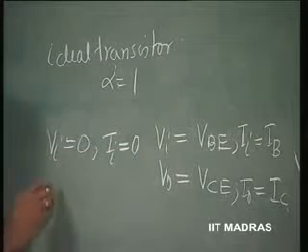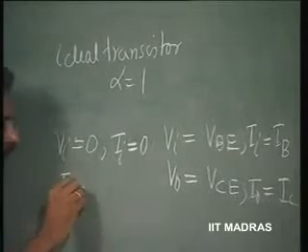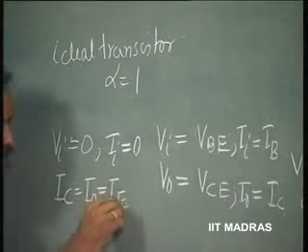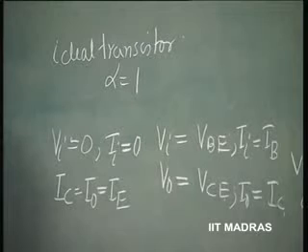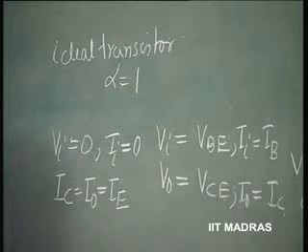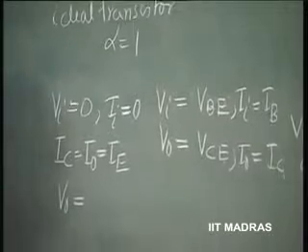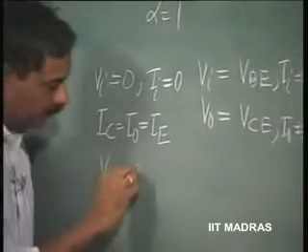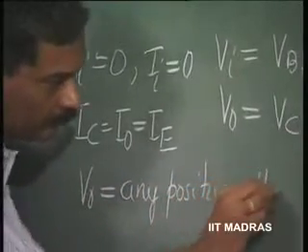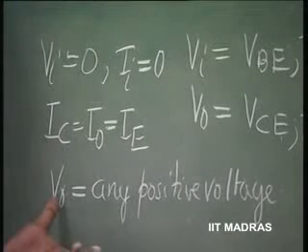Then IC, which is nothing but I0, is going to be equal to IE. So, this is the output current, and VCB, which is V0, can be anything, any positive voltage.